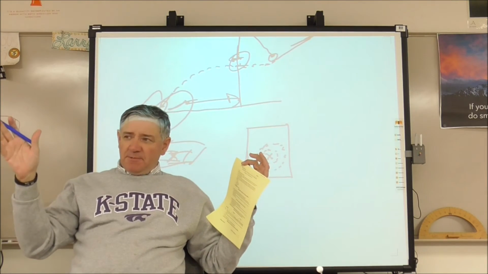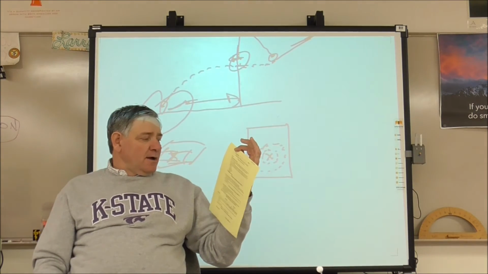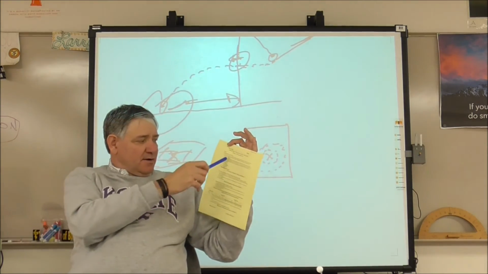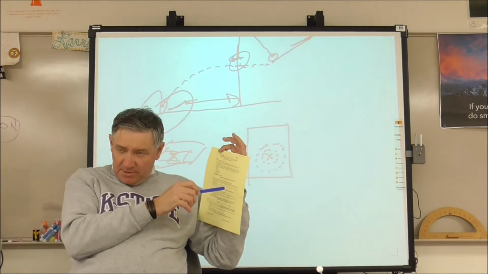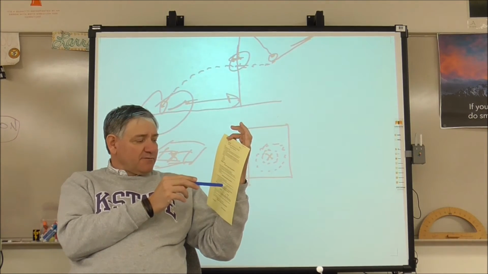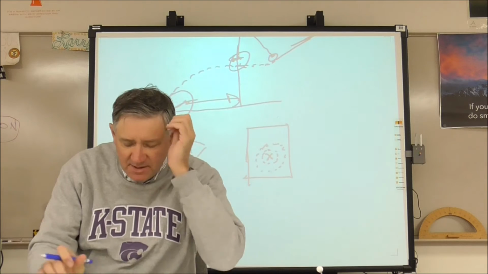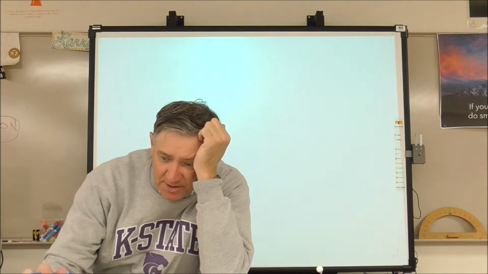If your group wants to come up with a clever name, you can come up with some group name. Then this is worth 10 points, that statement of purpose. This is what you're doing on your own. The problem-solving strategy is worth 25 points. This is how I want this started. Everybody's going to start the same way.